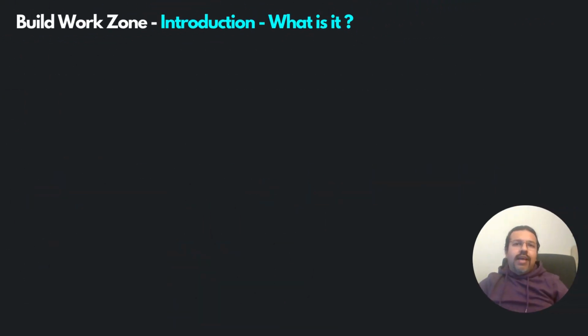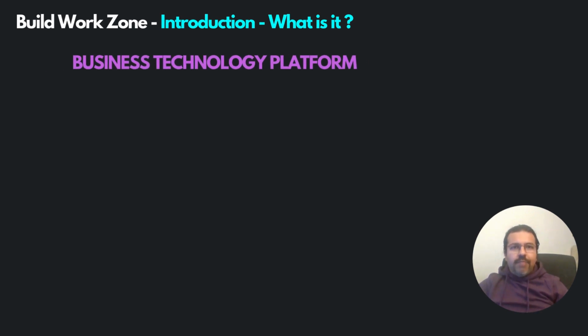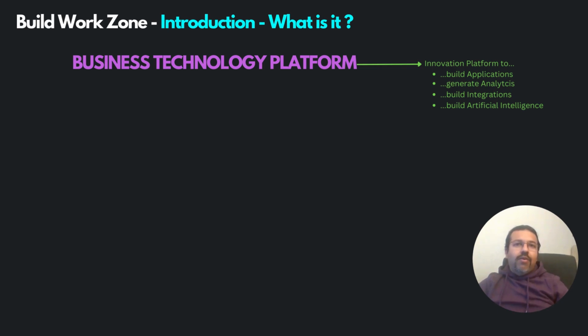Now, most of us have probably already heard of the SAP Business Technology Platform or BTP. This is SAP's innovation platform that can be used for creating or deploying applications, setting up integration scenarios, or working with artificial intelligence, generating analytics, right?